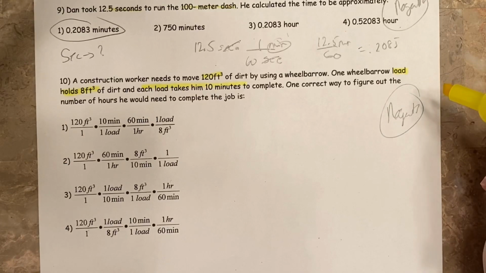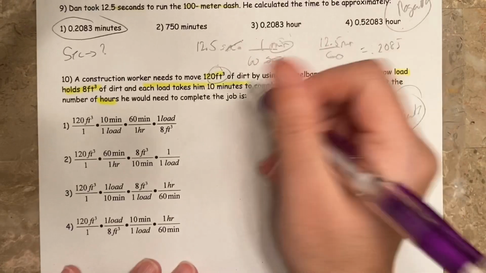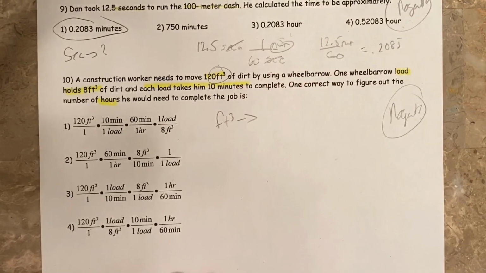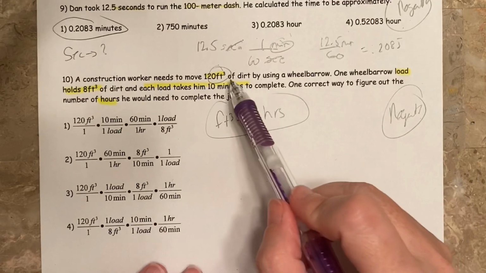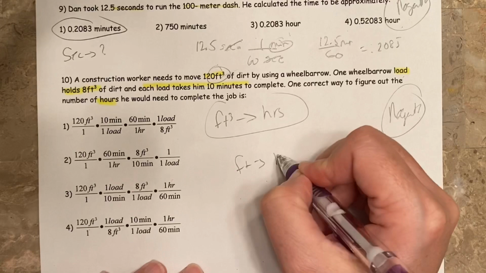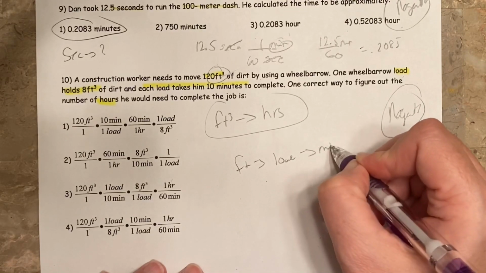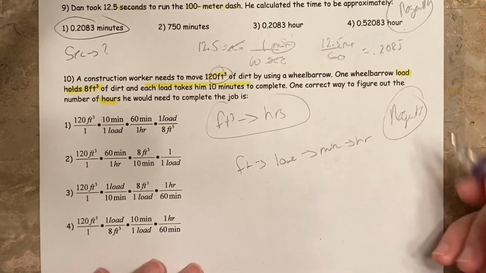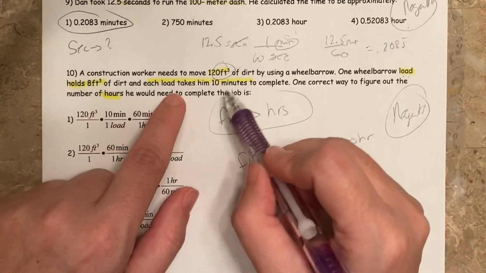One correct way to figure out the number of hours he would need to complete the job is, okay, so we're going from feet cubed to actually hours. I know it sounds really weird, but we're going to go from feet to load. Okay, you're going to go feet to load, and then we're going to go from load to minutes, and then minutes to hours, because they did give us what we need, loads and feet, and then loads and minutes.